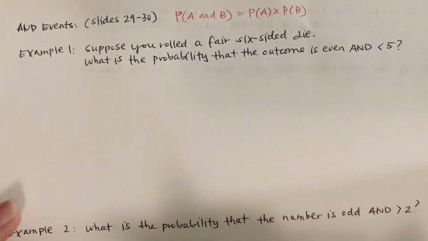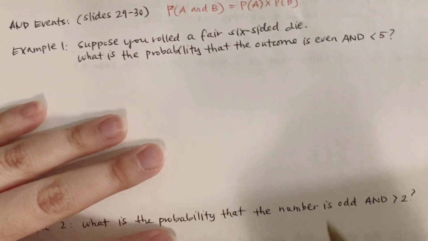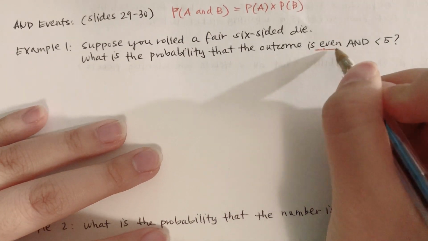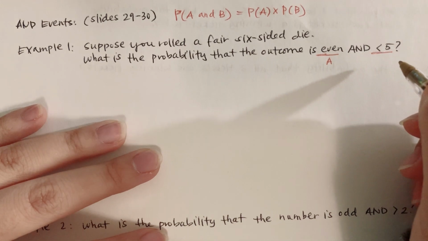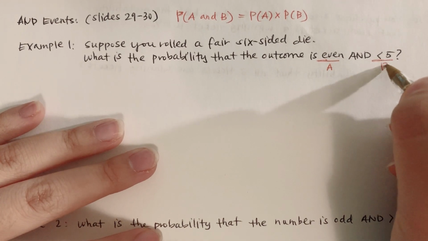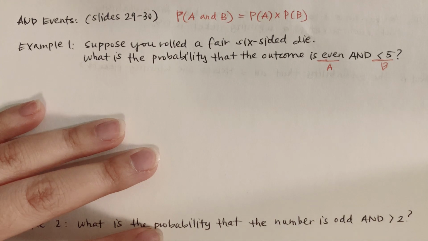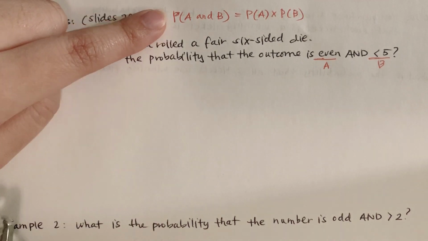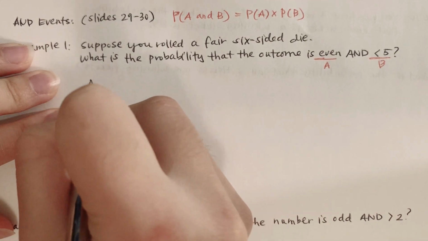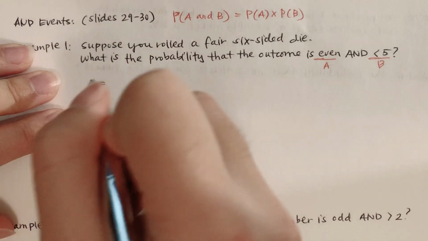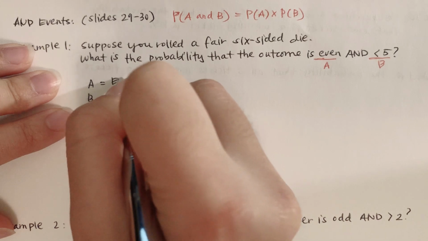So here, the event that the number is even, let's call that event A, and the event that the number is less than 5, let's call that event B. So we have this formula up here, so we can go ahead and just quickly define what A and B are. So let's call A the event that the number is even.